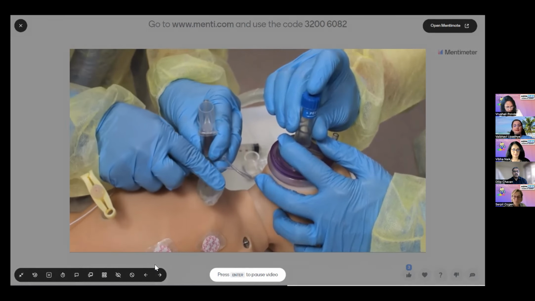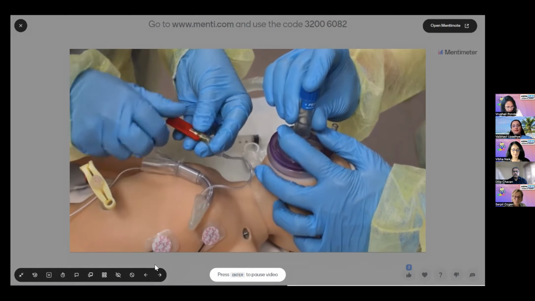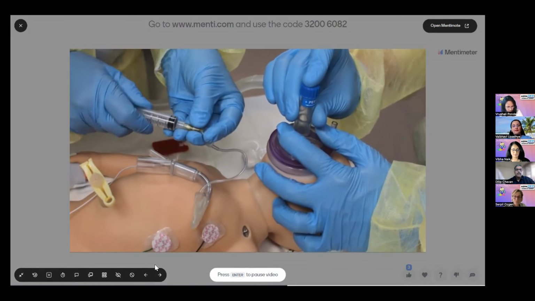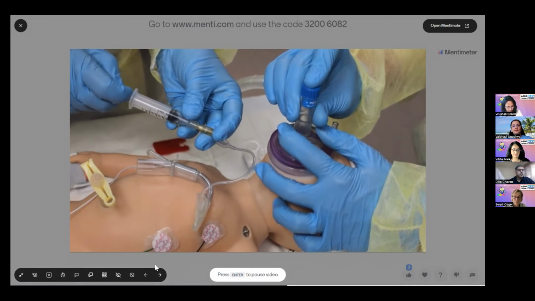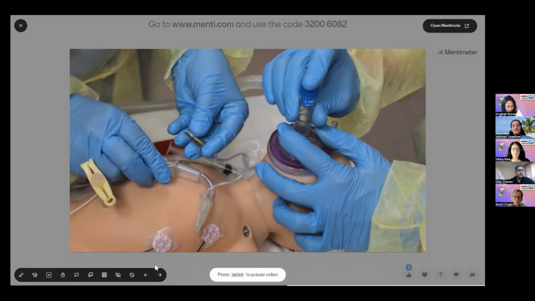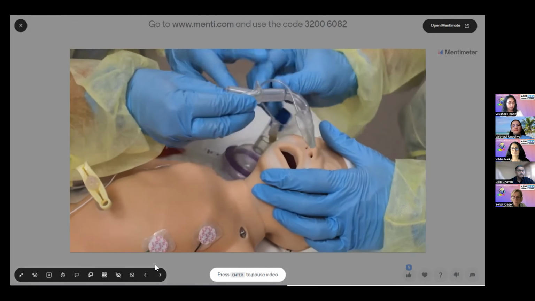Quickly inspect the mask and ensure that all the material is intact without tears or kinks. Attach a syringe to the inflation port and completely deflate the cuff surrounding the mask. Maintaining tension, disconnect the syringe. Stand at the baby's head and position the head in sniffing position.